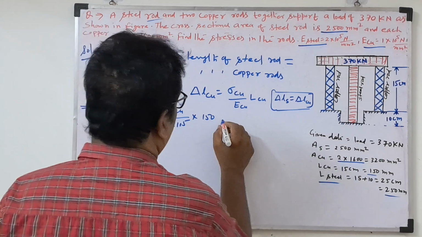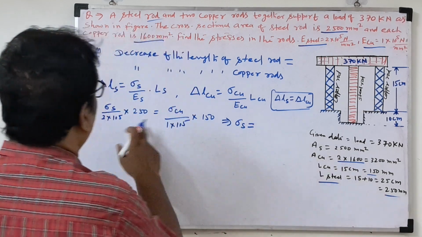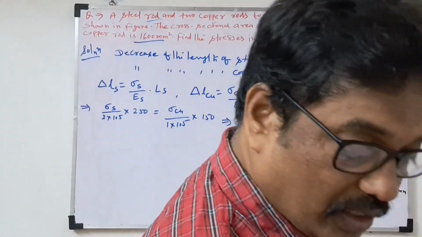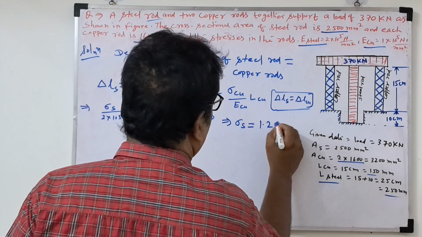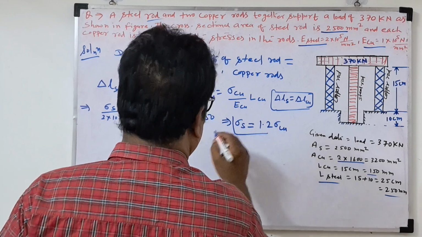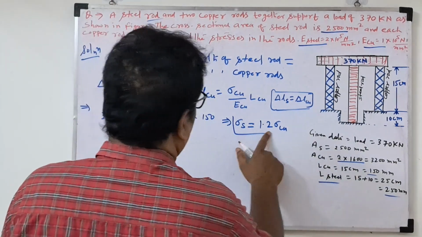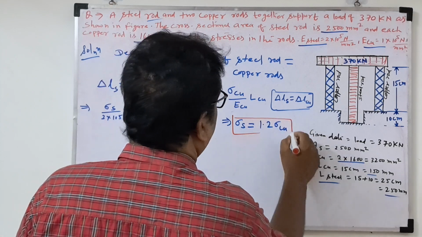If we solve this, the copper stress relation comes, sigma S equals 1.2 sigma Cu. So this is the first relation we got.